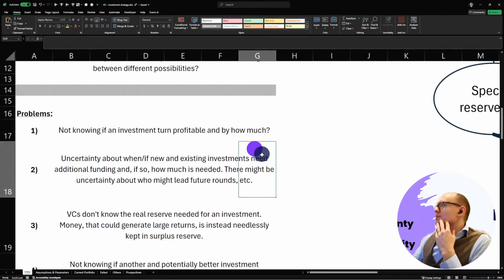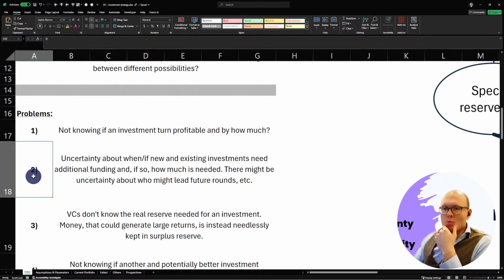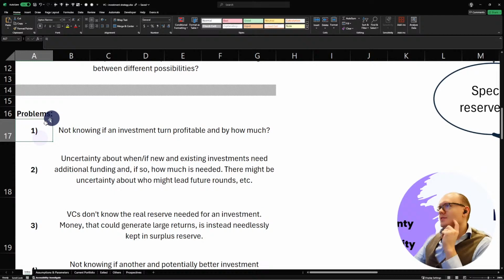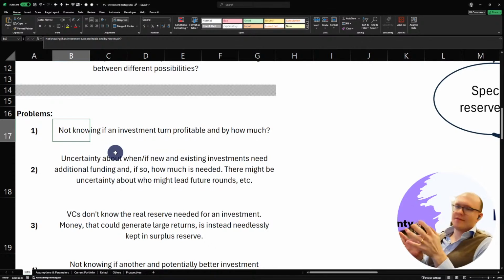So let's first touch upon some of the main issues we might want to consider, why we go about doing this with the Evara system, and why these are difficult to actually solve without it. The first one is, immediately, we don't know if an investment is going to turn out profitable, and we don't know by how much.